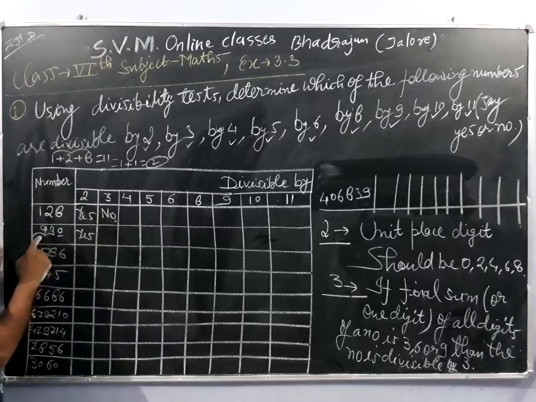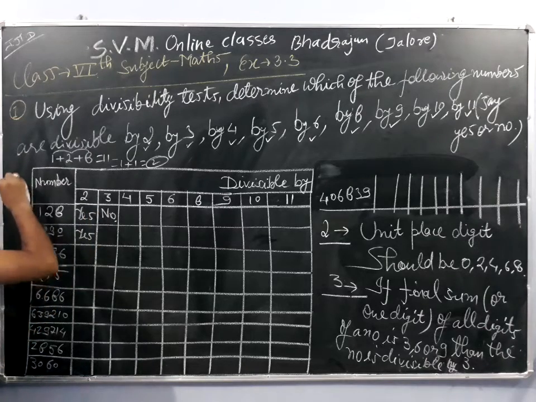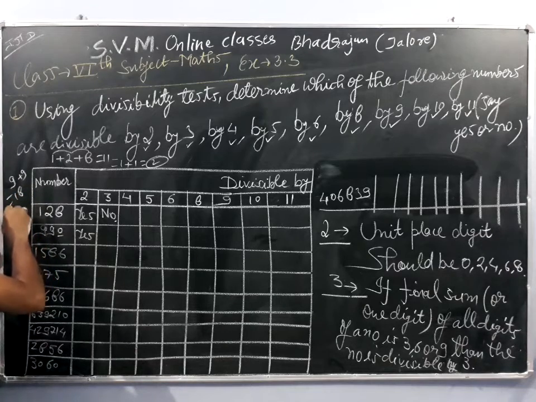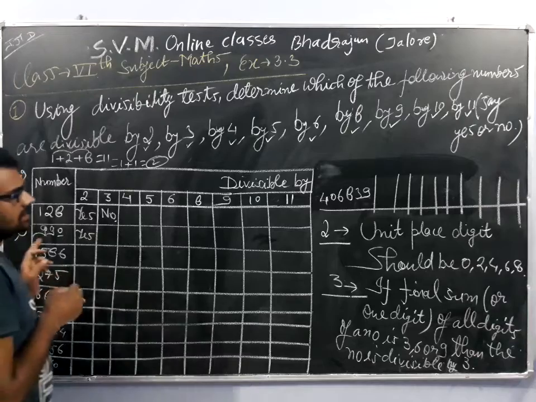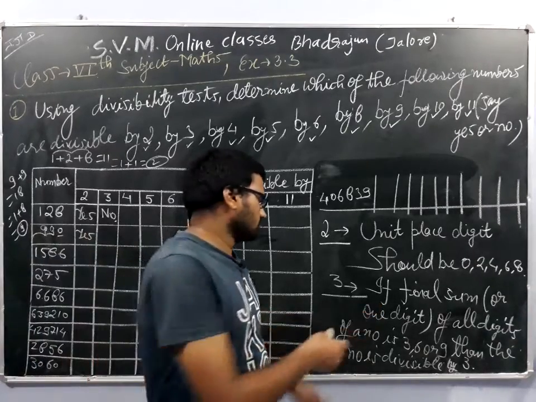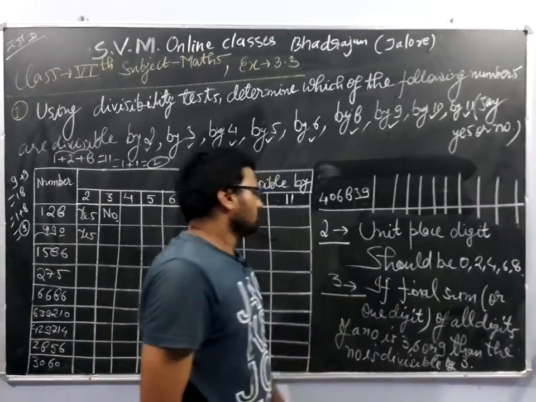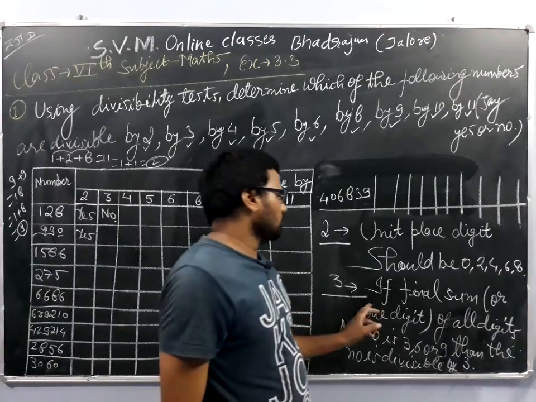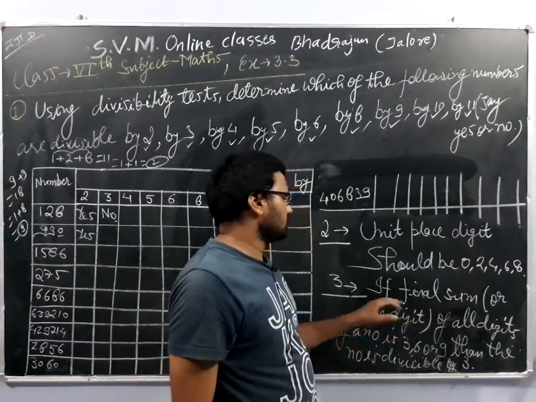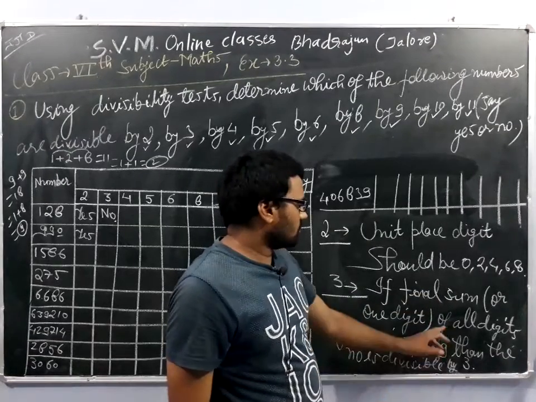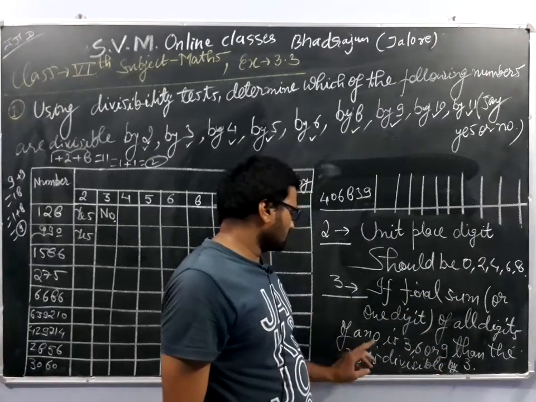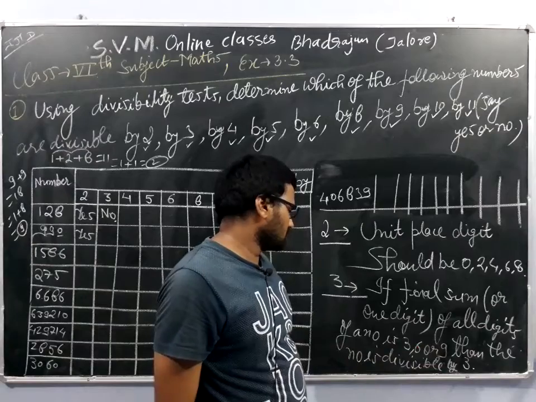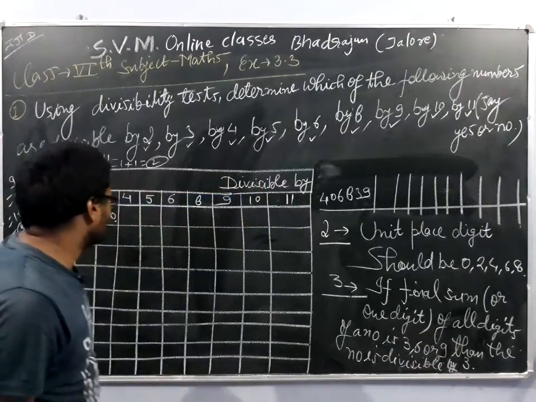Now for 3 we have to add these digits, and 9 plus 9 is 18, and further we will add these two. 1 plus 8 is again 9, and here we are seeing 9 is showing that this number is satisfying the divisibility rule of 3, which is if the final sum of all digits of a number is 3, 6 or 9, then the number is divisible by 3.